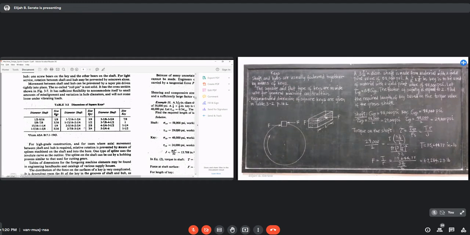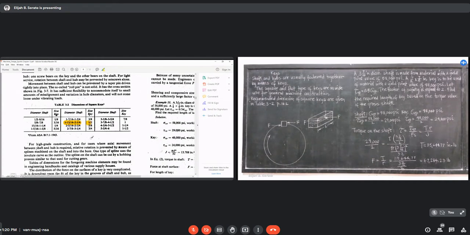Okay, do you see it? The range of 1 3/16 to 2 1/4, 2 inches belongs to that, and your size of the key is 1/2.